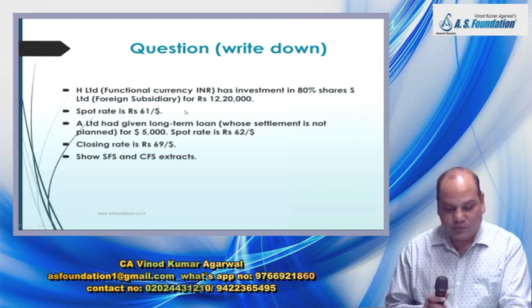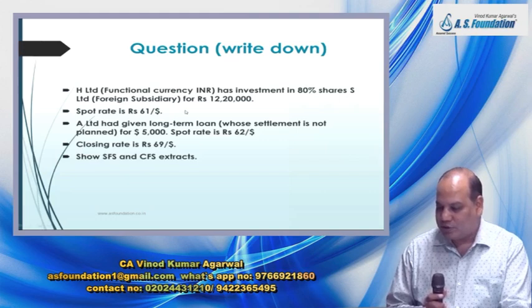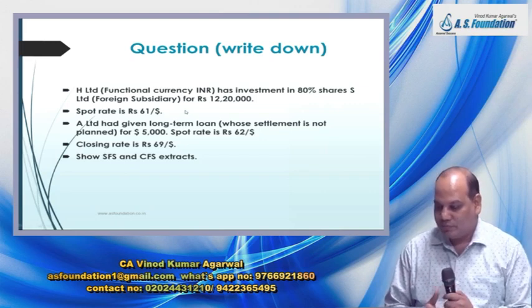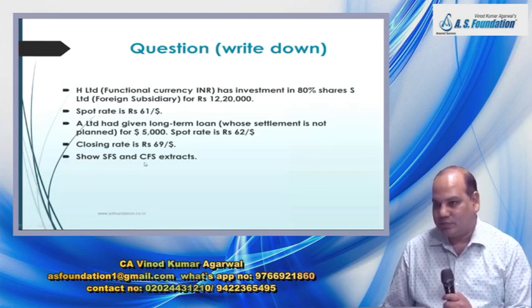H Limited has given a long-term loan whose settlement is not planned, $5,000. The spot rate when the loan was given is 62. Closing rate is 69 rupees per dollar. Show SFS and CFS extract.